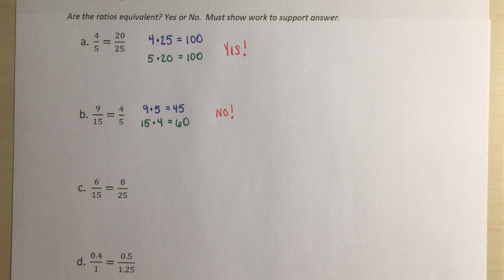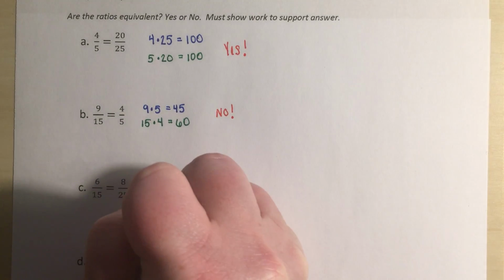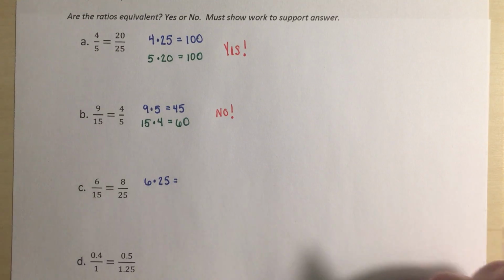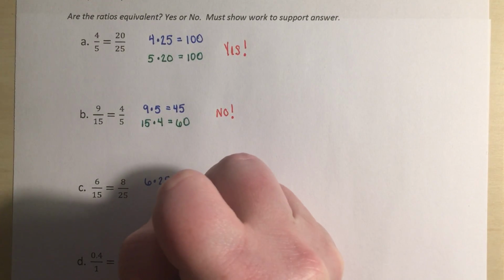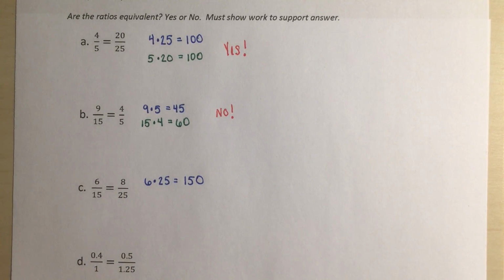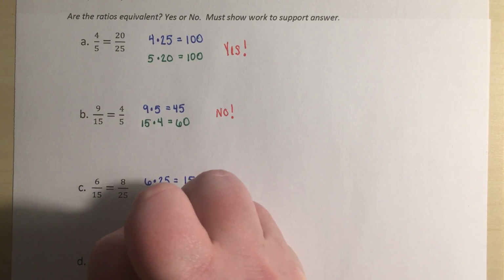For C, we're going to multiply 6 times 25. Anytime I'm multiplying with 25s, I tend to think of quarters. So 6 times 25 cents, or 6 quarters, gives me $1.50. So 6 times 25 is 150. And then we're going to multiply 15 times 8.